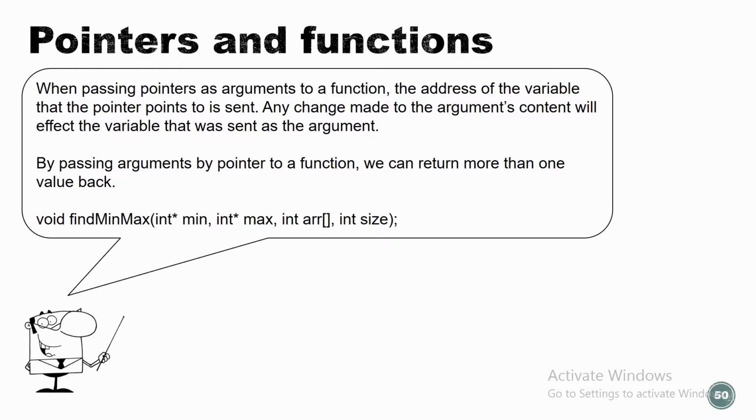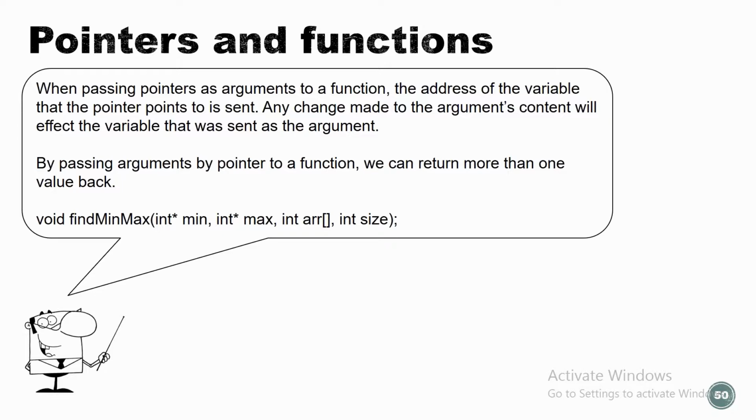It's referencing the smallest value and the largest value in the array, and something about the size. Well, we need the size if we want to go over the array to find the minimum and maximum, right? We have to know how long we're going to iterate for, how large the array is.